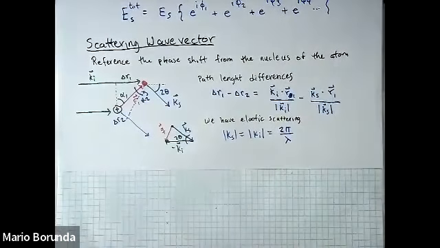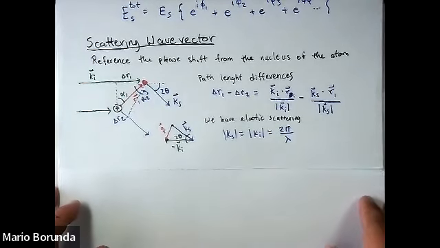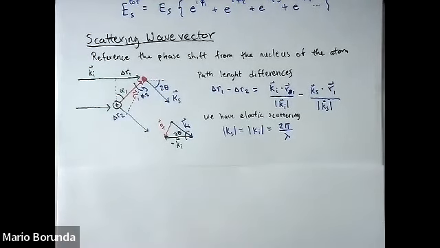Questions at this point? So we have the geometry, and we have used some of the math so far to look at the phase, the geometry to use the path length difference.